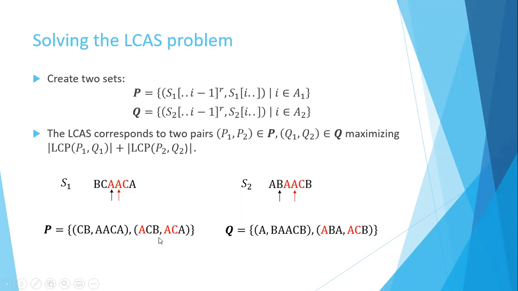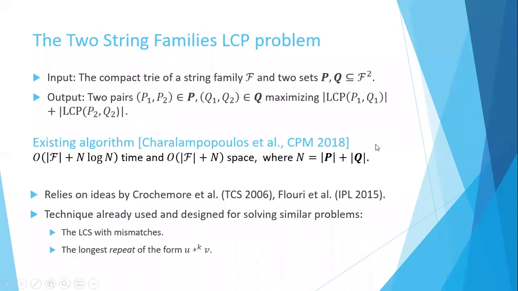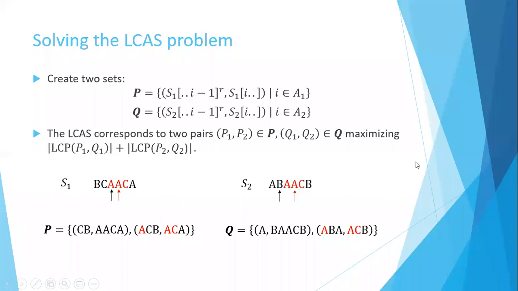You can see in this example that the second pair from P and the second pair from Q give us an LCP of 1 for the first string and an LCP of 2 for the second string. This is the longest, which comes up to a combined LCP of 3. Solving this problem is essentially, again, going over all the pairs.